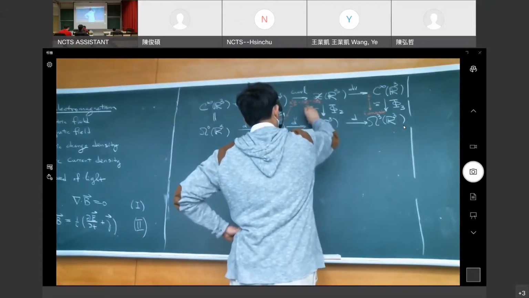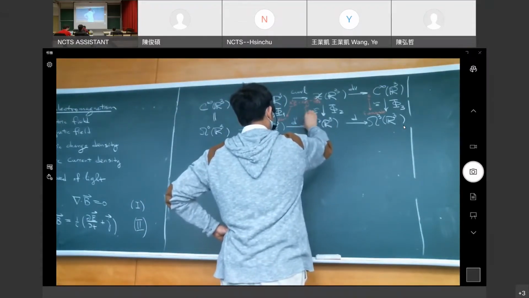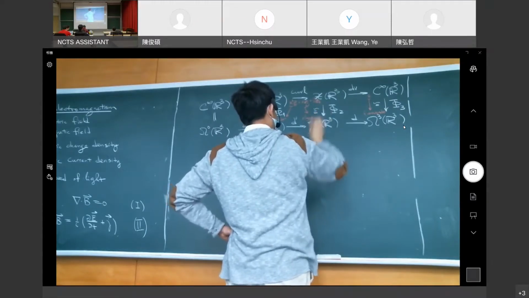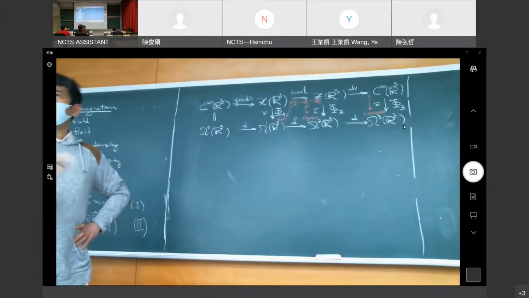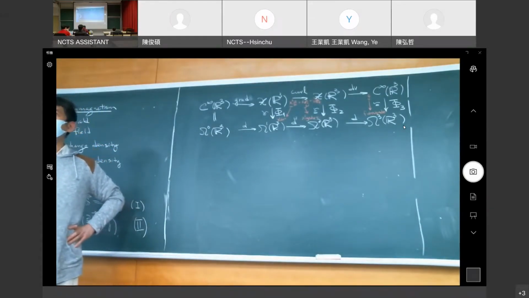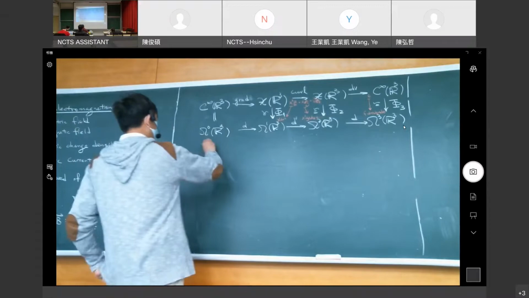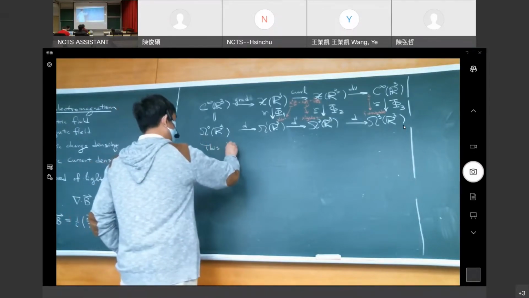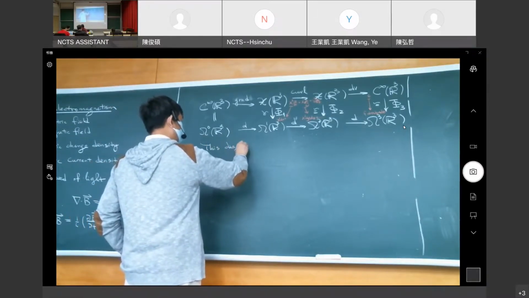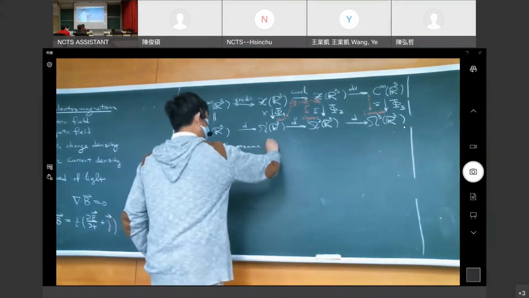And I can also map in this way: x1 dy wedge dz, and x2 dz wedge dx, x3 dx wedge dy. So these are clearly isomorphisms, and the point is that this diagram commutes.